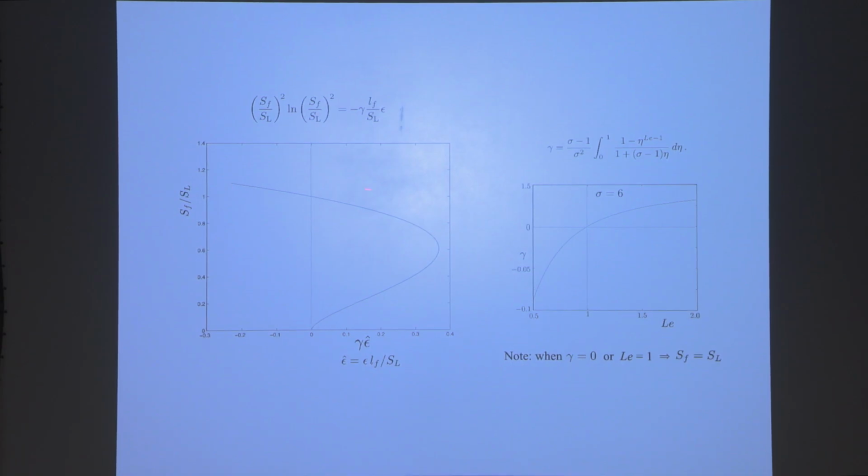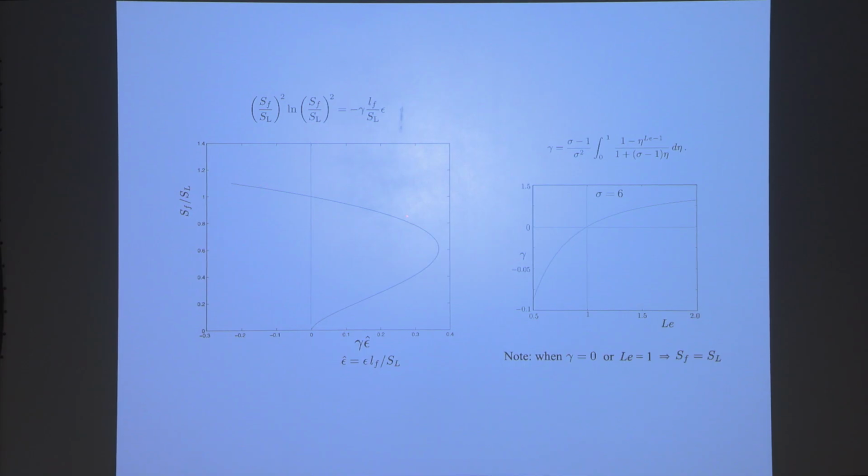So here is the graph that you get. Again, it's a curve that has a turning point. No turning point when gamma is negative, in other words, for Lewis number less than 1, but there is a turning point when gamma is positive, which means that there is total extinction here.